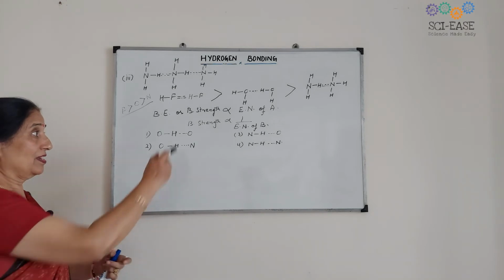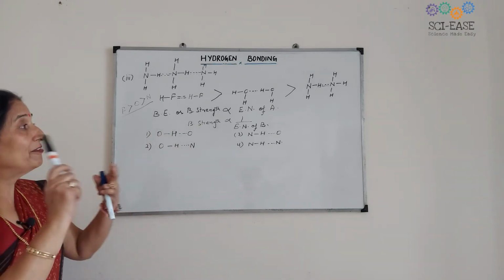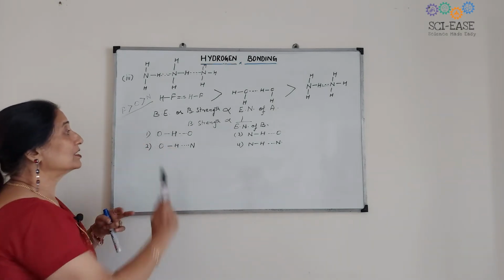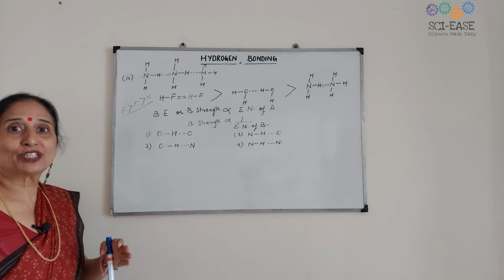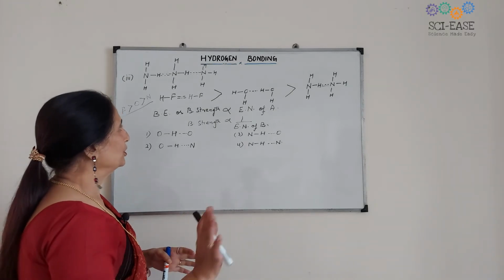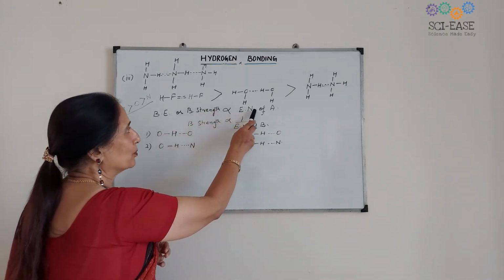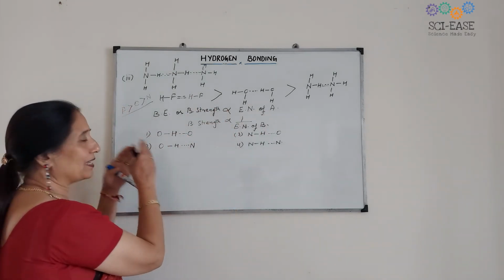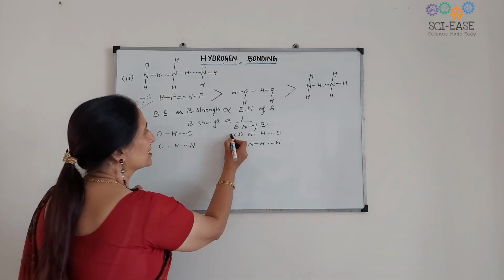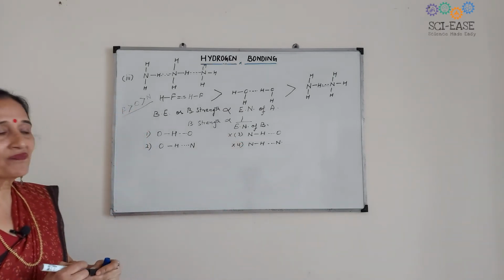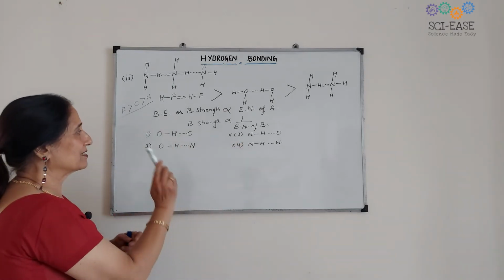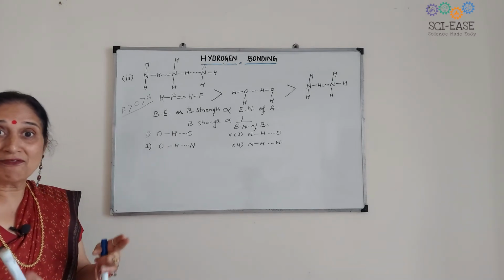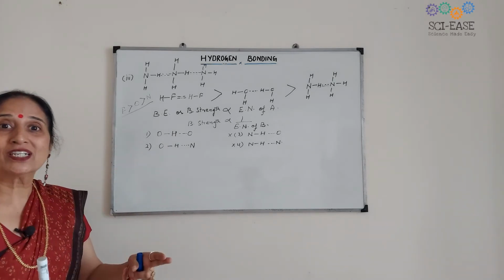Which one out of these four will have the strongest hydrogen bonding? So I have told you that bond strength is directly proportional to the electronegativity of A. This means the electronegativity of oxygen is more, so these two options will be ruled out. Here the electronegativity of nitrogen is less. Then out of these two, which one will have the stronger bond?